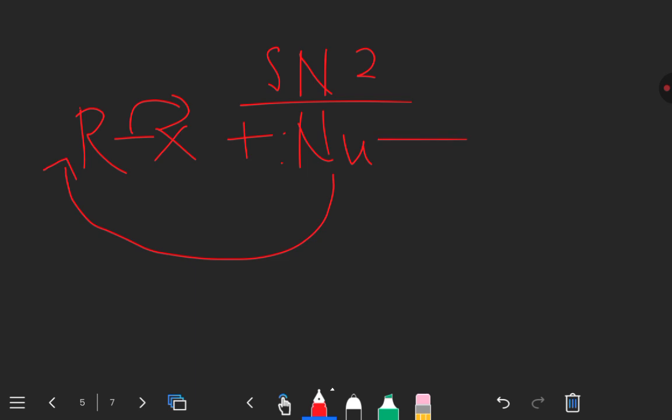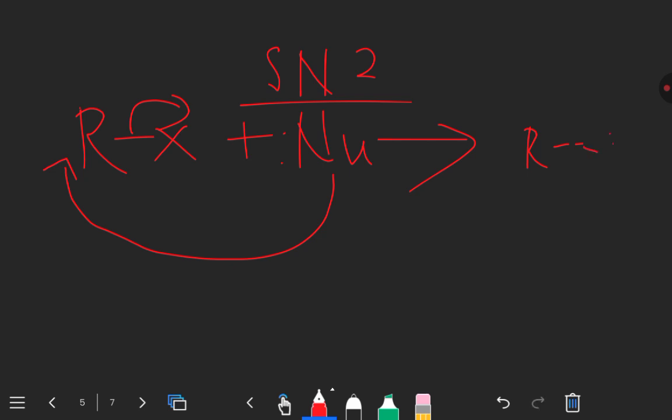Then this is occurring at the same time. I should have mentioned this when doing the SN2 reaction. So there is this transition state.